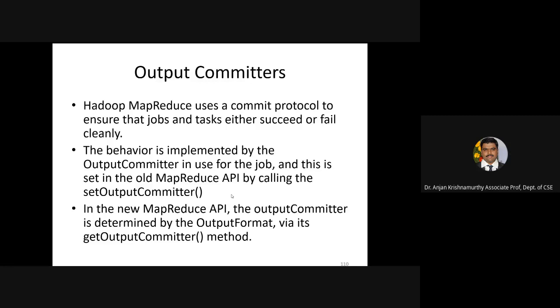So we finally come to a very important topic: output committers. It is very important to know that in any system where data processing or some kind of computing happens, it is equally important to understand what input you have provided to the system, what the system is trying to process, and what the output is.